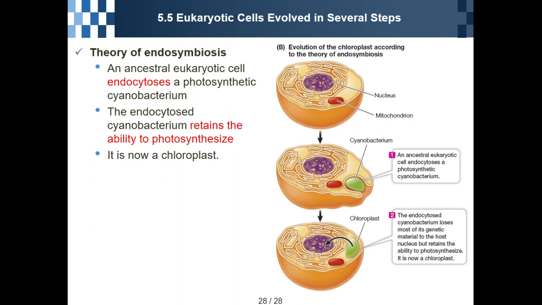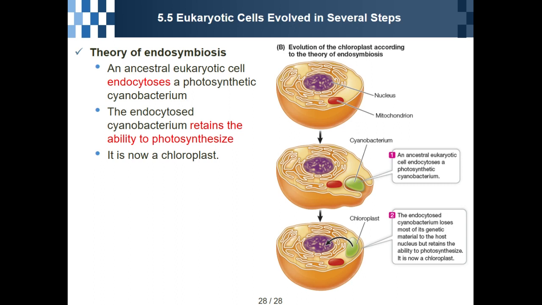Okay. So after they are digested, okay. At first, because the chloroplast is prokaryotic, they have a prokaryotic system, and this is a eukaryotic system. They are different. Maybe at first there was no collaboration.